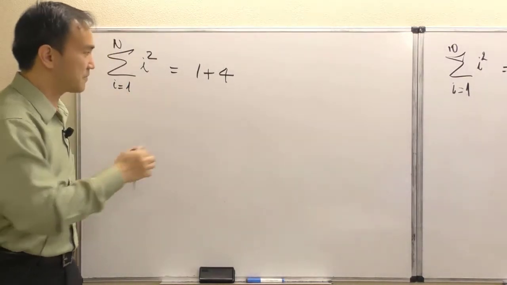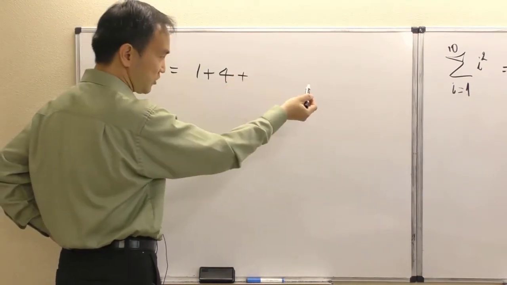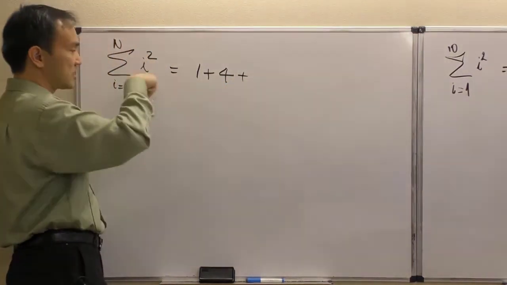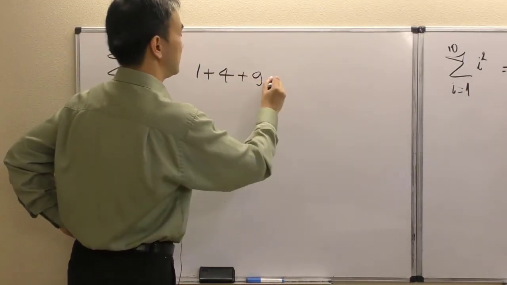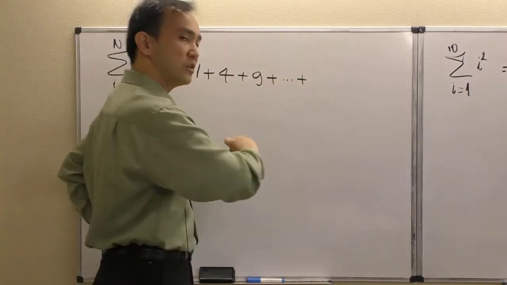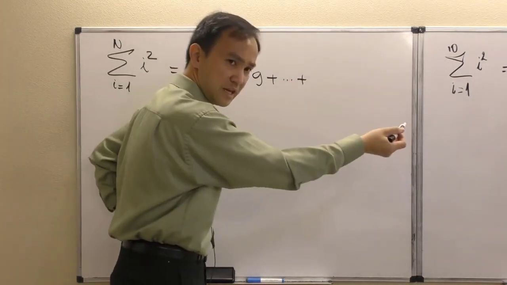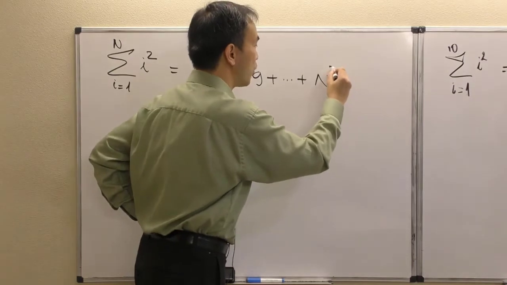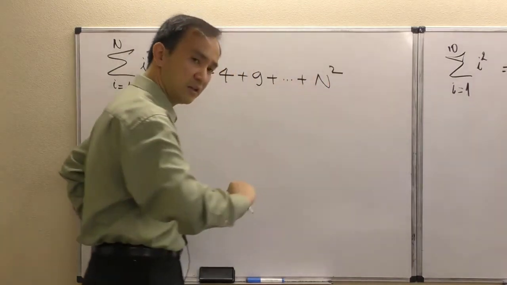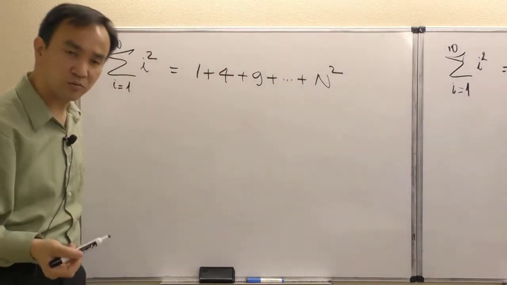Term 3, third position, but the value of the term is determined by i squared. So here we're looking at 9, plus, and generally when the index reaches the nth term, we're looking at n squared. That's the value of the nth term, when i equals n.